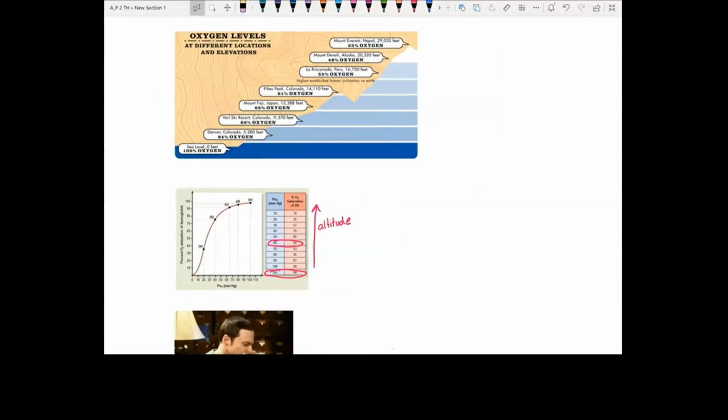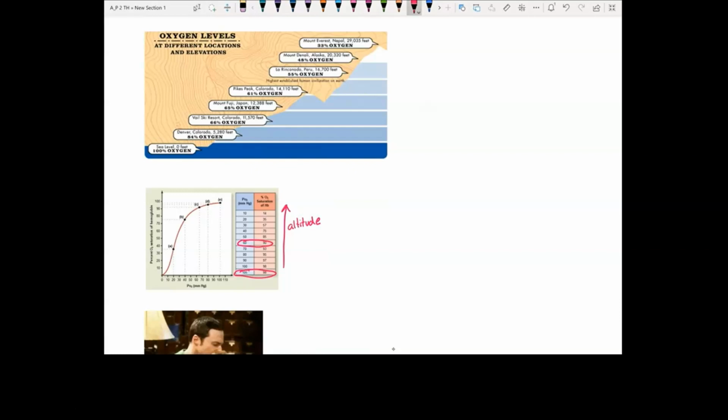So the main idea here is that air pressure controls your oxygen saturation. At sea level, 98% is normal.